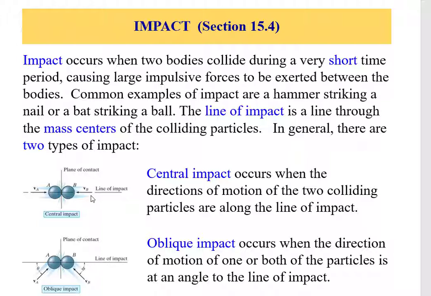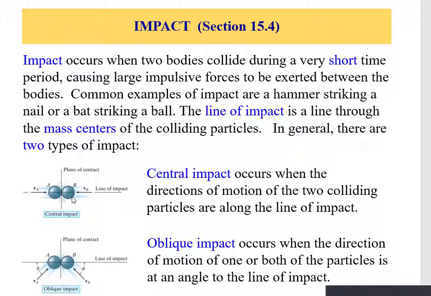Two equations from the conservation of momentum about the line of impact in x and y, in y for each mass, and the coefficient of restitution, which provides us another equation, and the conservation of momentum about the plane of contact. All that together will be used to solve impact between two bodies.